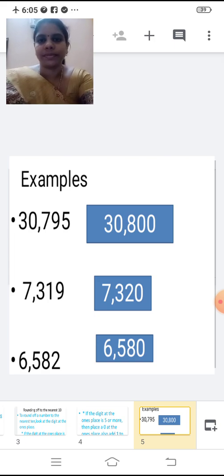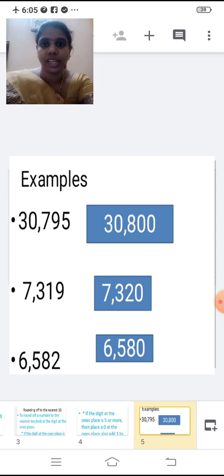6,582. Now tell me, what digit you have to see? You have to see the digit at the ones place, isn't it? What digit are we having at the ones place? 2. If it is 4 or less than 4, what we have to do? Place 0 at the ones place, and the tens place remains as it is.